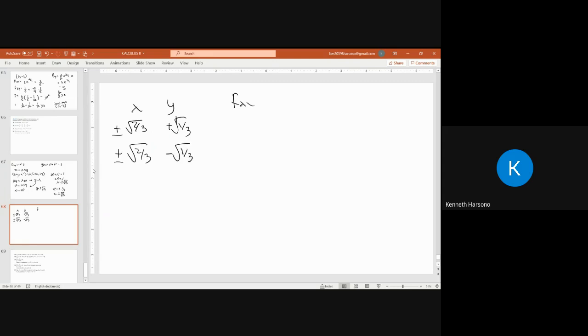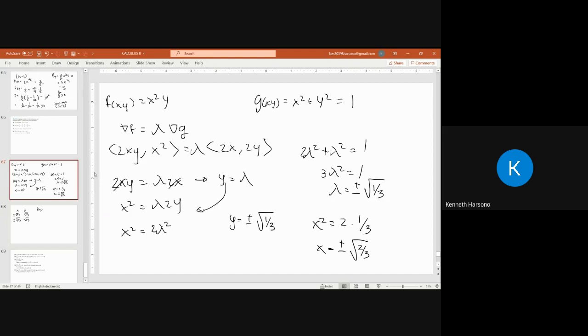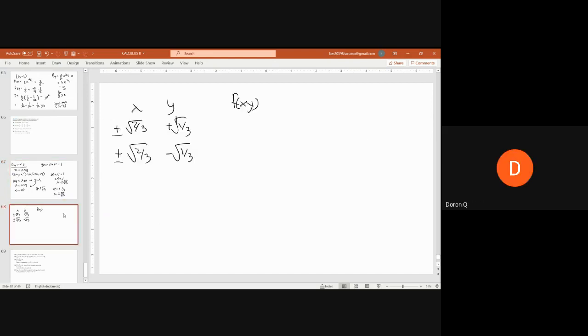So for f(x, y), we can put these points into our initial function here. So we get plus 2 over 3 square root of 3 and minus 2 over 3 square root of 3, where this one is the maximum value and this one is the minimum value.